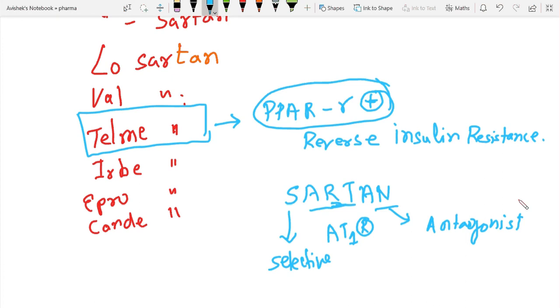Some new drugs. New drugs will be done in the next video.